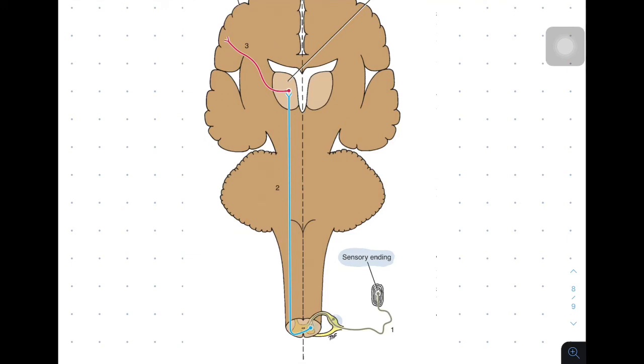From the posterior root and posterior horn, a new cell body is formed, that is the second order neuron, and it travels till the thalamus and synapses with the third order neuron, which originates from the thalamus and ends at the cortex. So this is just a basic idea. I'll be talking about all this in detail in my next videos. So this was all about the structure of the spinal cord.